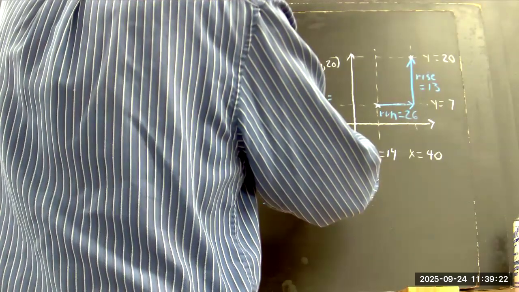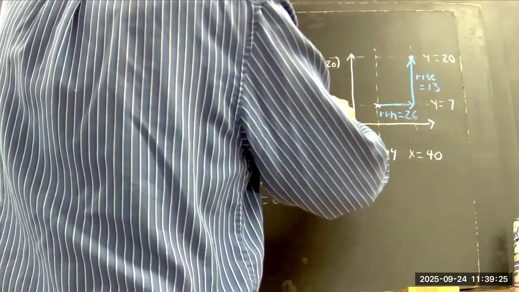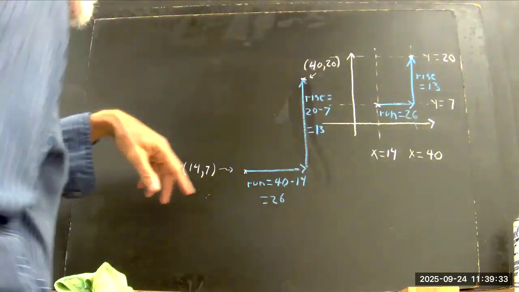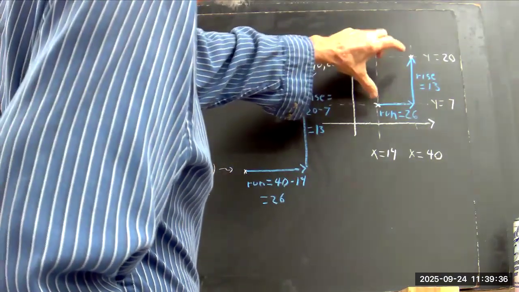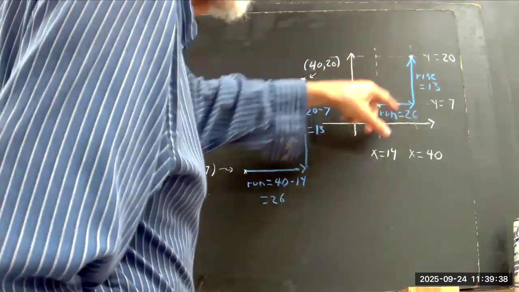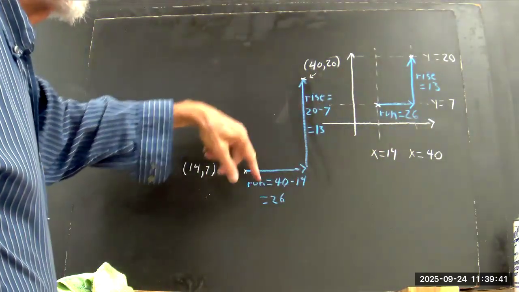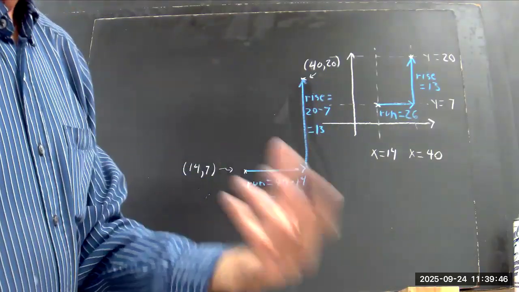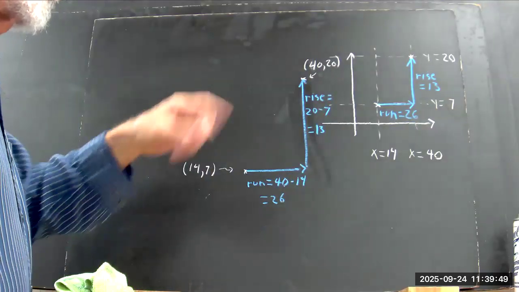And rise equals 20 minus 7 equals 13. If this graph was bigger, I could have written all that in here, but I don't have room to write the 20 minus 7 and the 40 minus 14 unless I write so small you can't see it, which I do too much of.